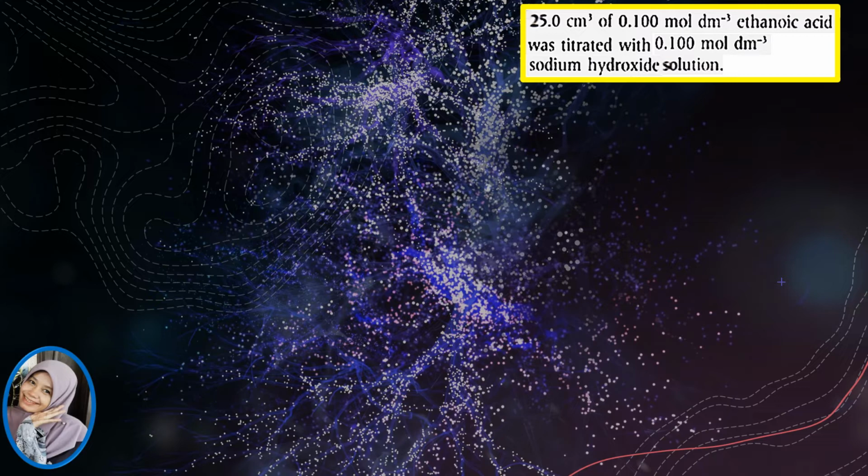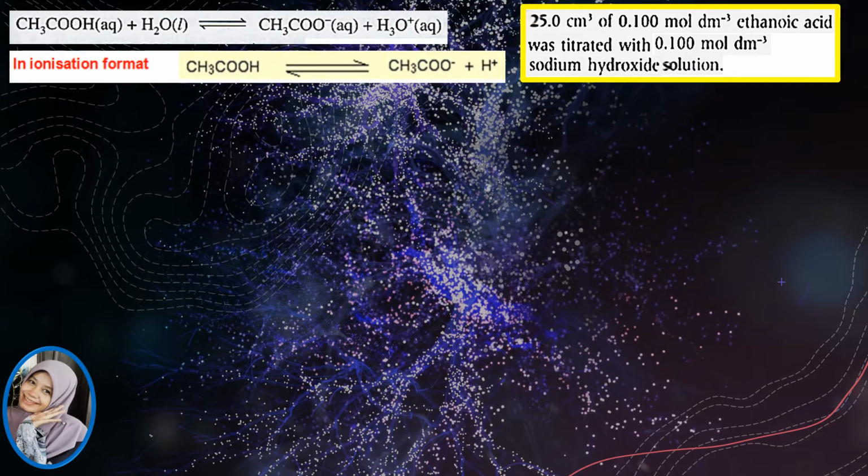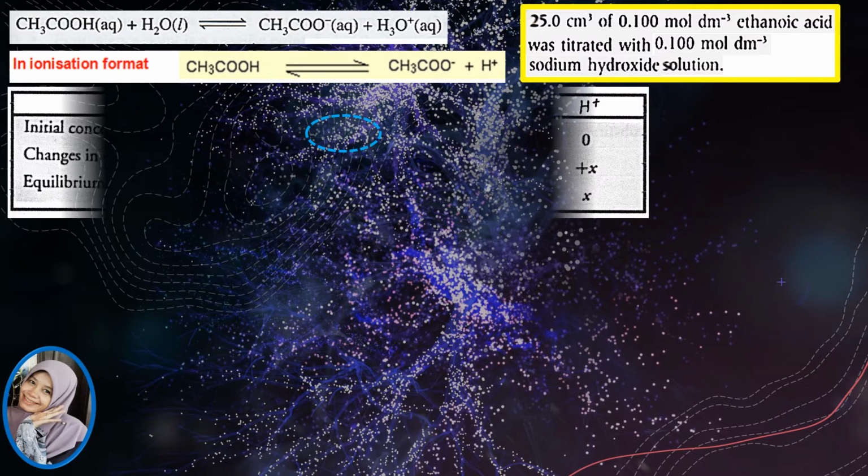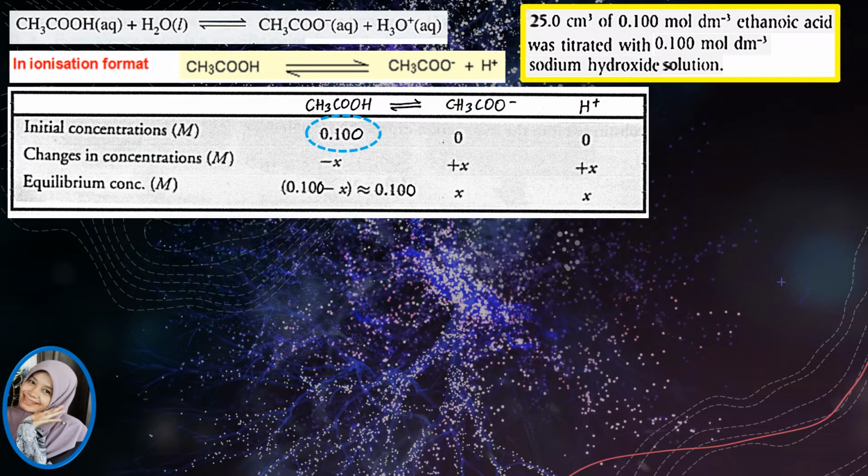hydroxide solution. Basically, this is weak acid strong base titration. Bear in mind that ethanoic acid is weak acid and partially dissociated in water. To determine the concentration of hydrogen ion and pH for a weak acid, we must determine the initial and equilibrium concentrations of the species present. It is very convenient to use this kind of table.